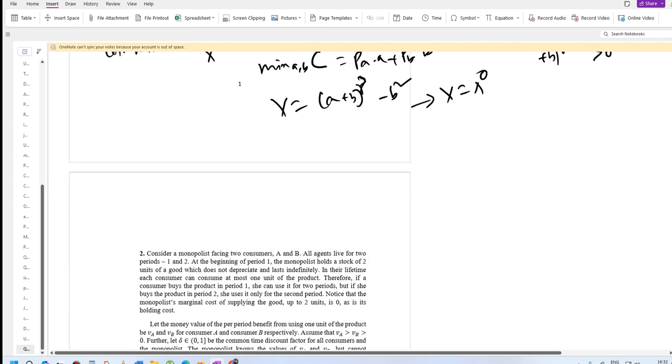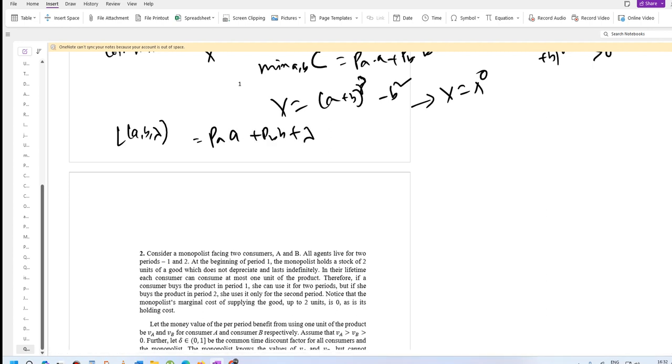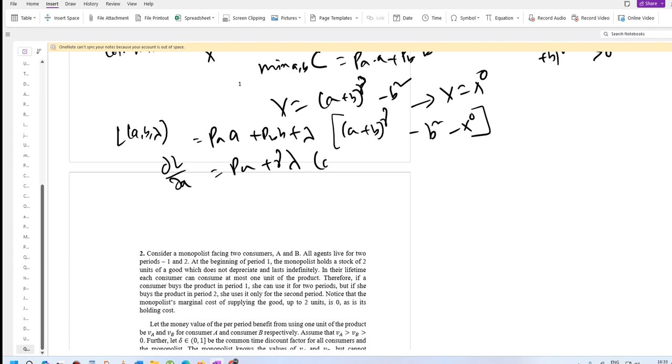The Lagrangian formulation of a, b and lambda will be pa of a plus pb of b plus lambda times (x0 minus (a plus b) to the power gamma). The first order conditions are del L del a equal to pa minus lambda gamma (a plus b) to the power gamma minus 1.